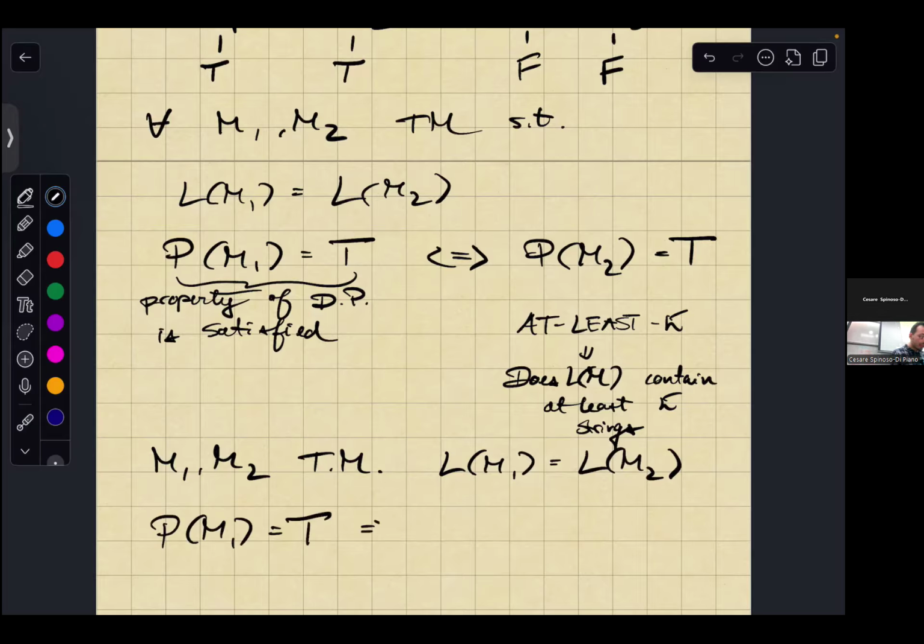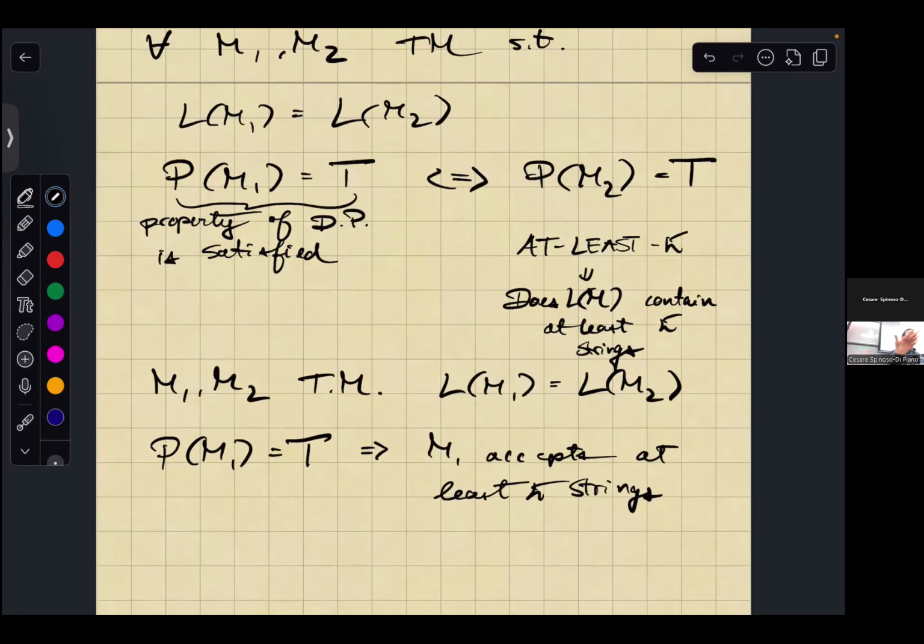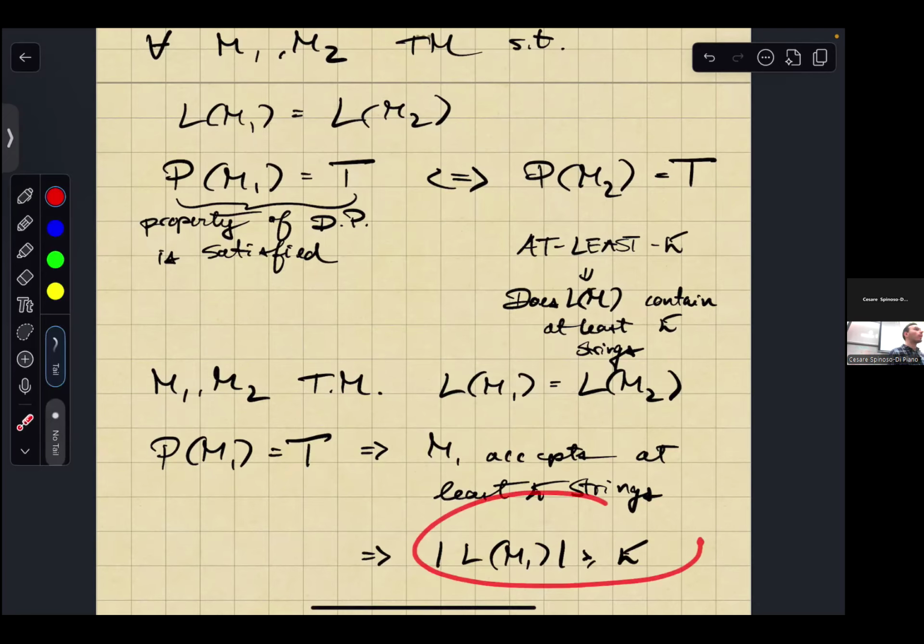This means that M1 accepts at least K strings, which I can represent a bit more formally as the size of L of M1 is at least K.